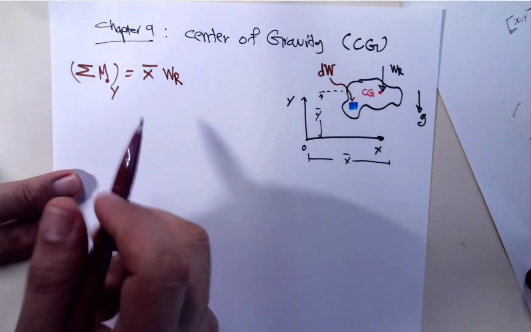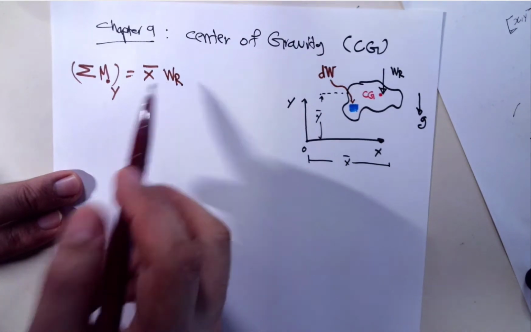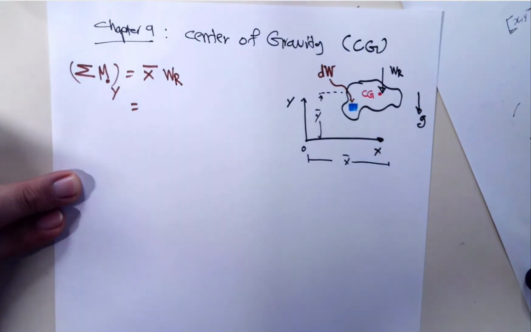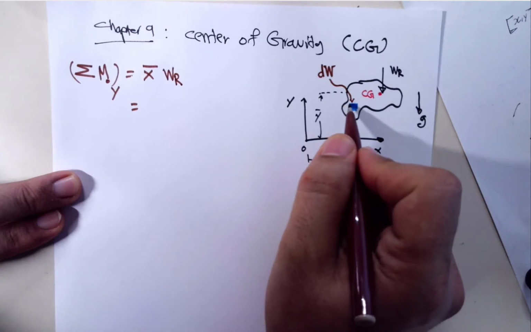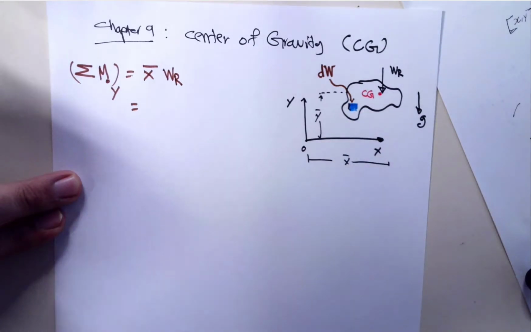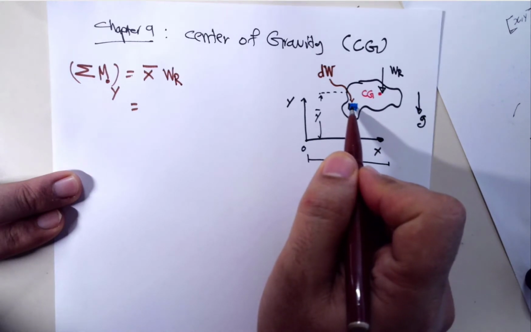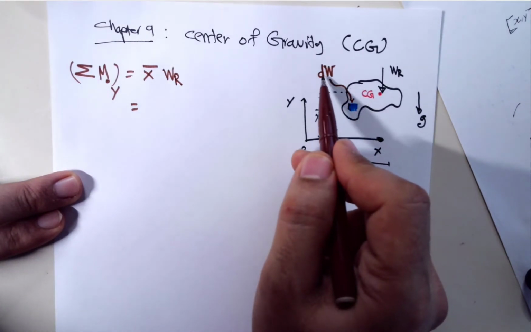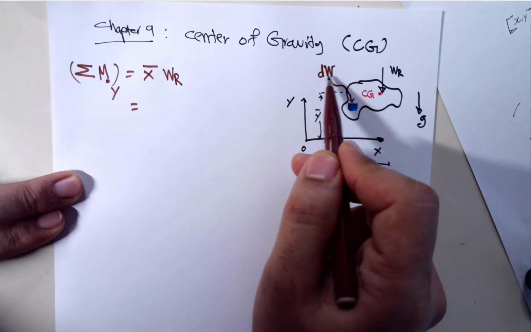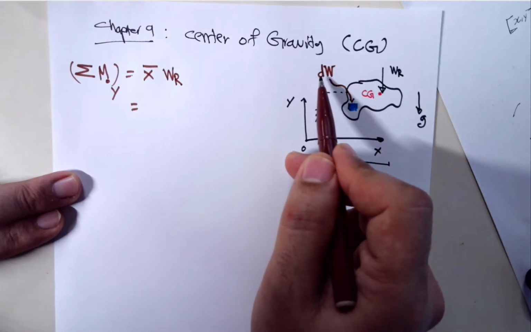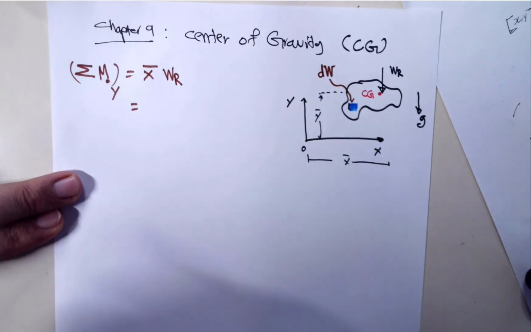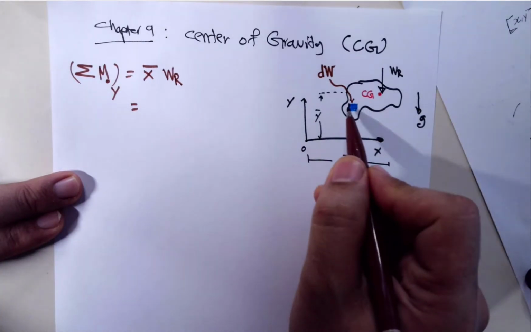However, this is also equivalent to the moment of each fragment of this object. This fragment does have a weight. Call it differential weight dW. The d denotes a small value, and I want to calculate the moment of each differential.